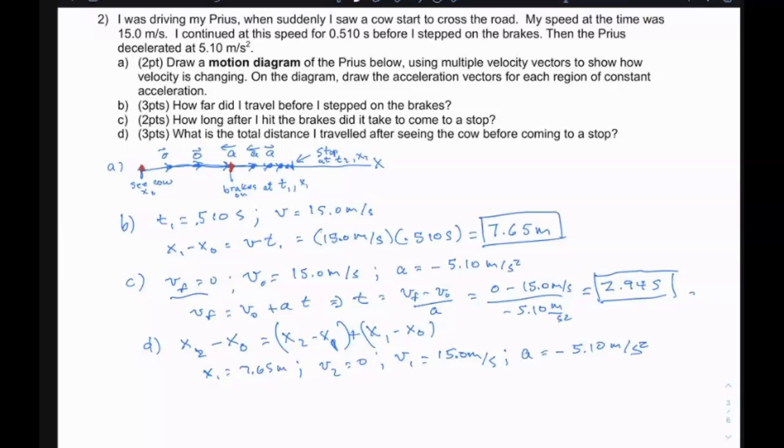And we know what the time interval is between x1 and x2. That time interval, delta t, is equal to 2.94 seconds.